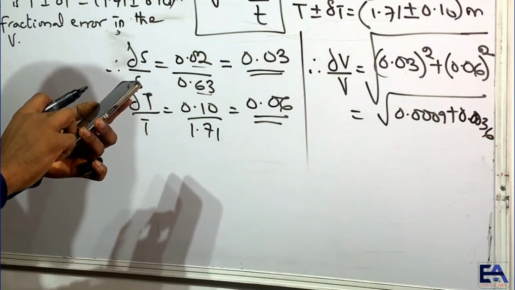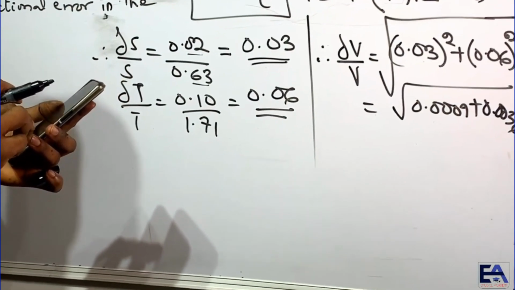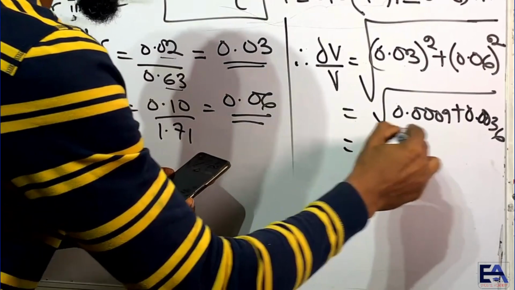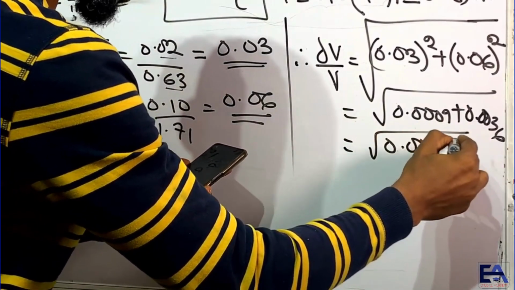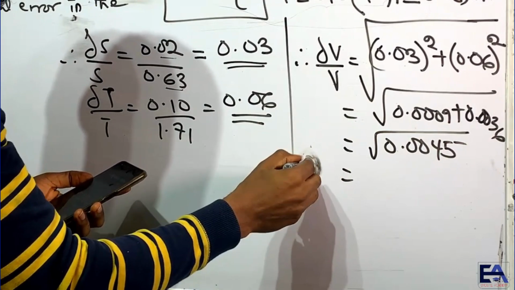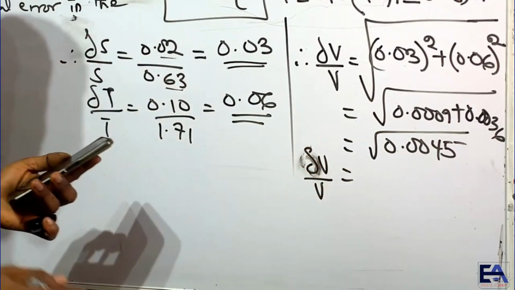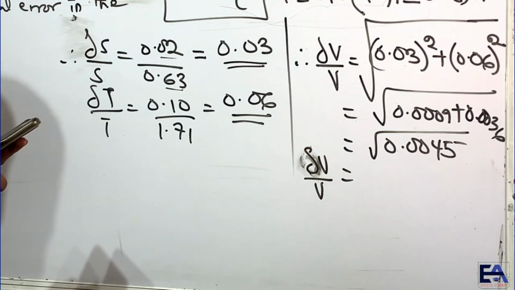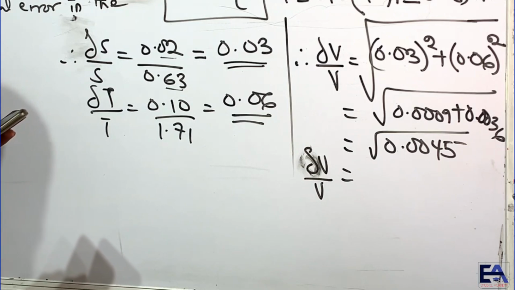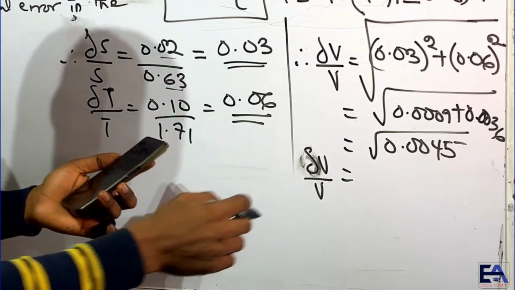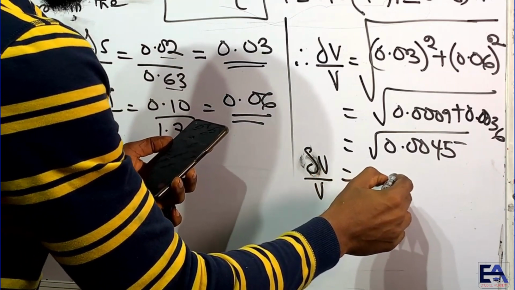0.0036. So adding them, 0.0009. So we have the square root of 0.0045. Okay? So del V over V is the square root of 0.0045, which will be equal to 0.07.